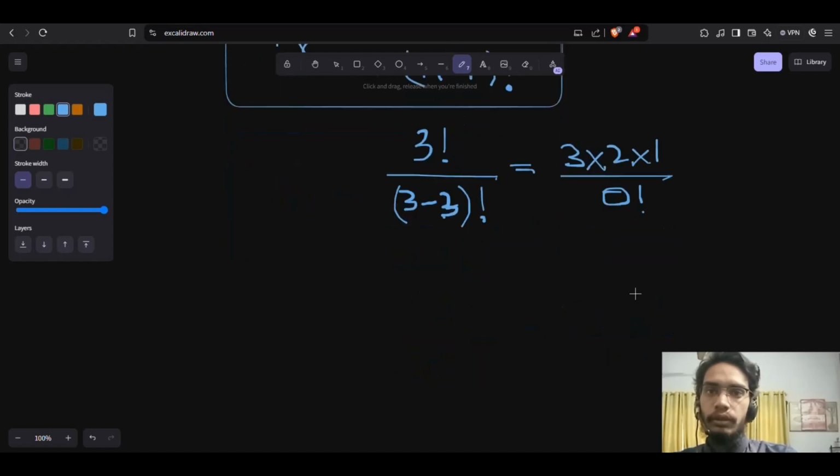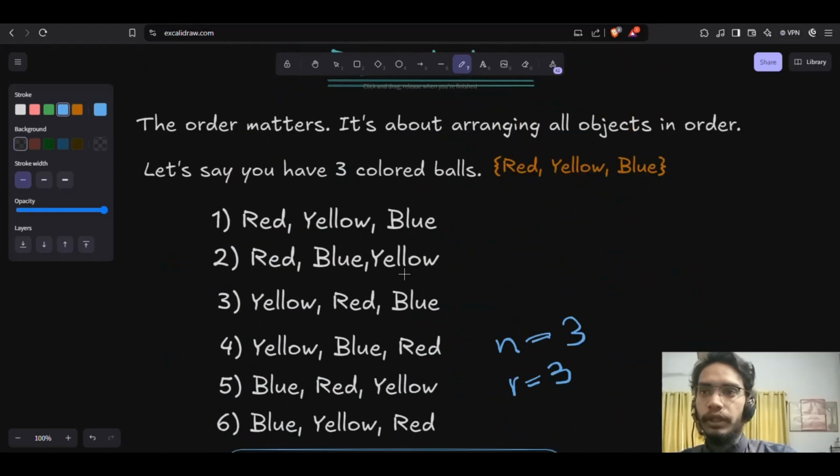In the denominator, 0 factorial is always equal to 1. So in the denominator you will get 1, and in the numerator you have 3 into 2 into 1, which is 6. So in total, you have 6 ways that you can arrange these objects. We did it manually and we did it with the formula.